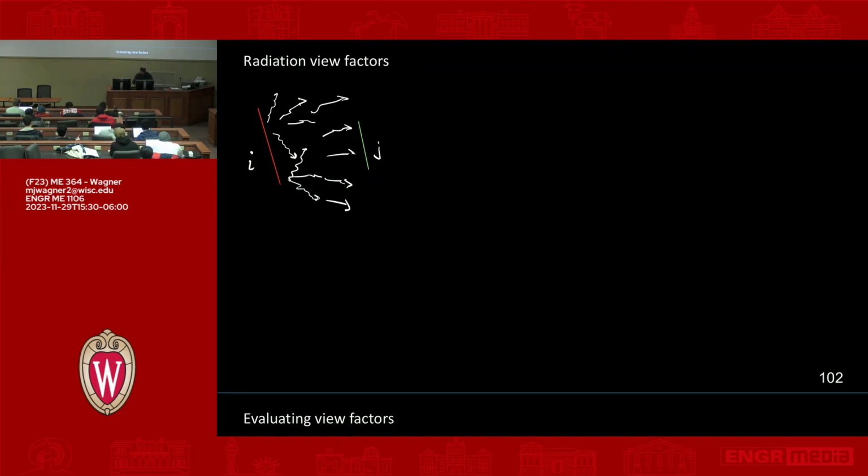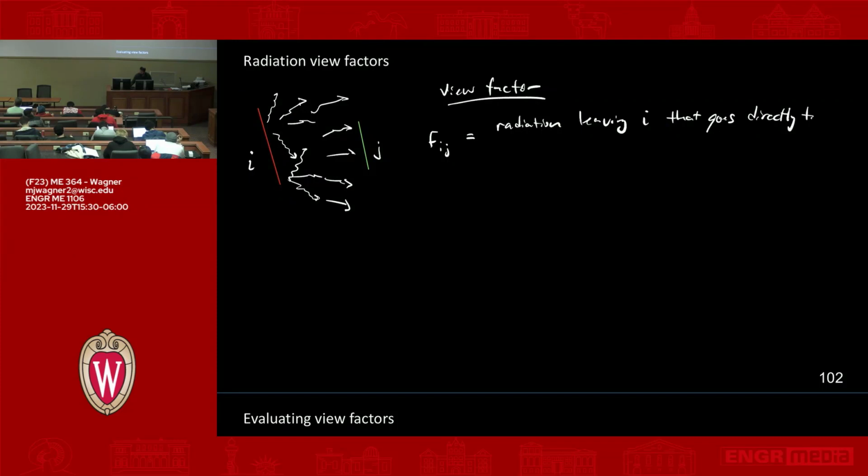We could write it like this. A view factor, notation-wise, is F_ij or F_i,j, referring to the radiation leaving surface I that goes directly to surface J, divided by the total radiation leaving I. The one thing to point out is that this is a fraction between 0 and 1.